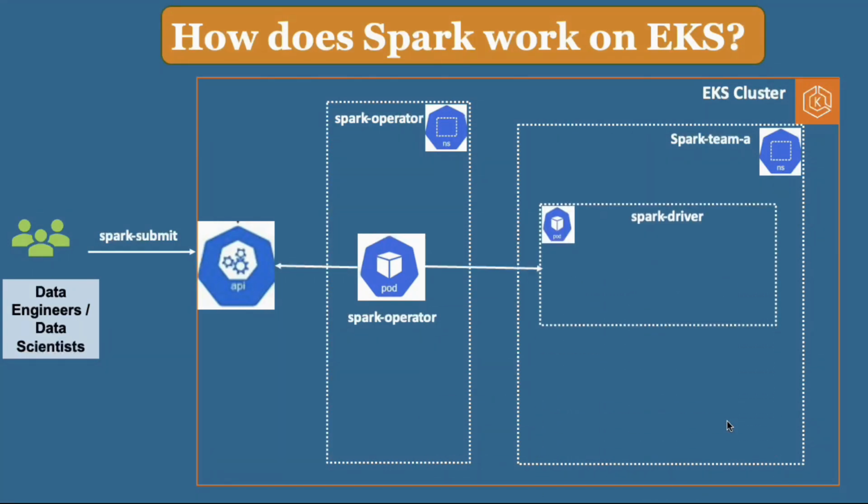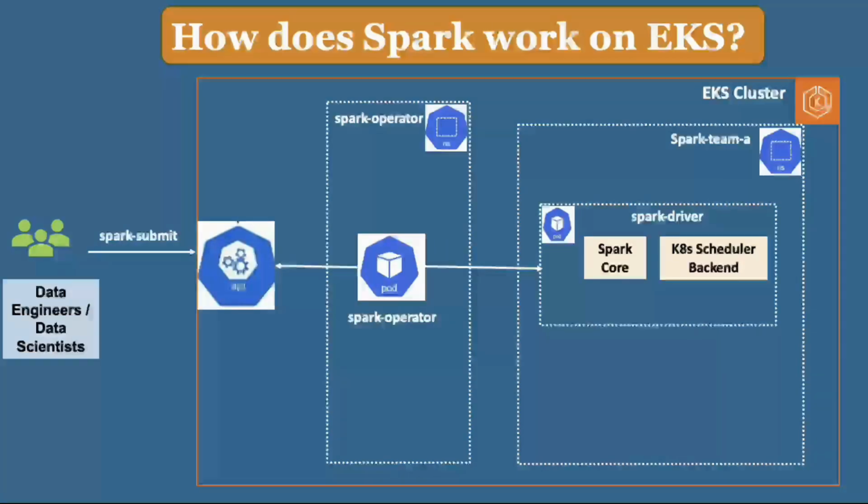So it then creates a Spark driver pod in the Spark Team A namespace, and the driver contains multiple functionality. One is the core Spark runtime engine, and there is one more component called Kubernetes scheduler backend to schedule the additional executor pods. And the Spark driver pod exposes multiple ports for different functionality.